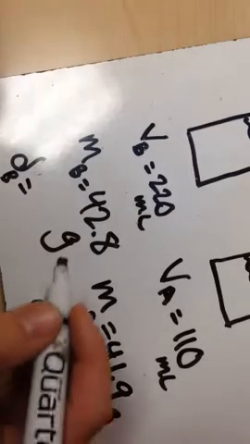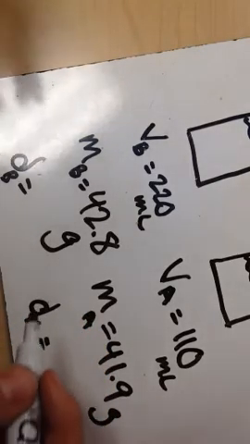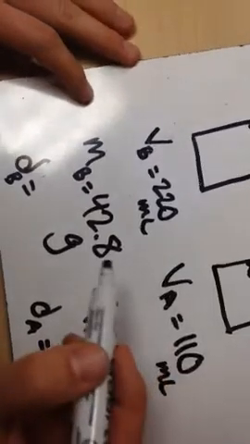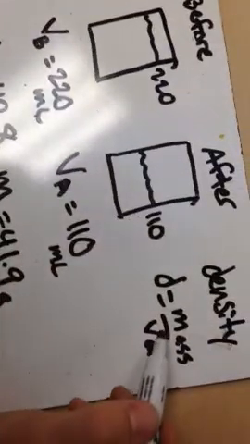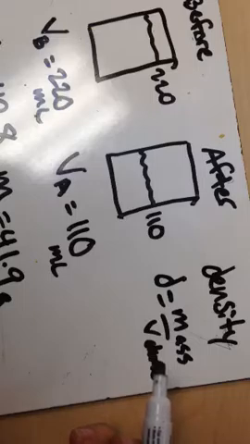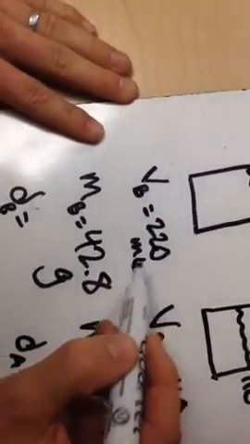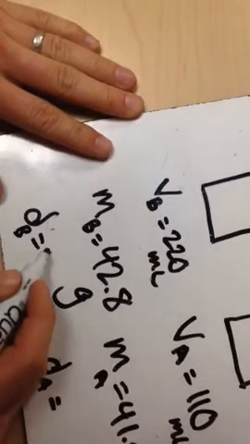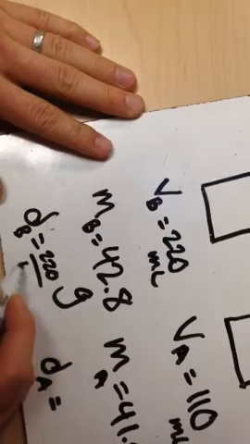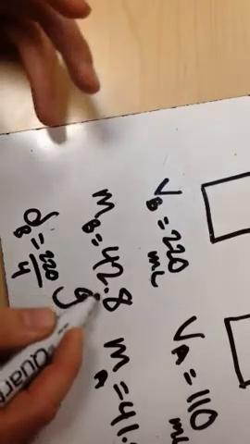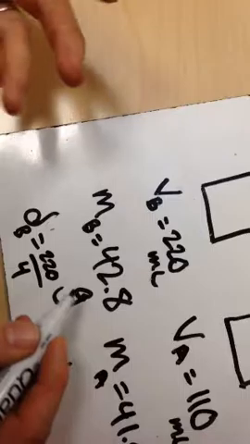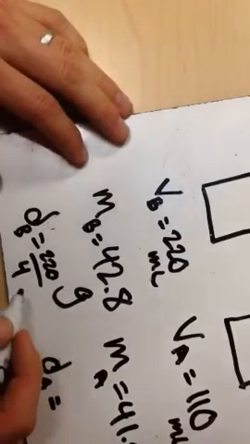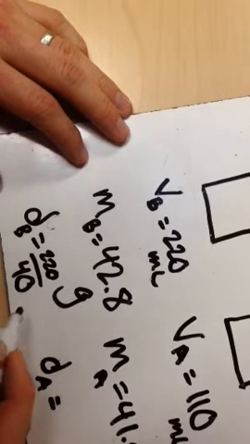And we can do that math, but intuitively you can also think, if D equals M over V, then we're going to have 220 over 42.8, let's call it like 43. And maybe for right now, I'm just going to round so that you get the ballpark idea.